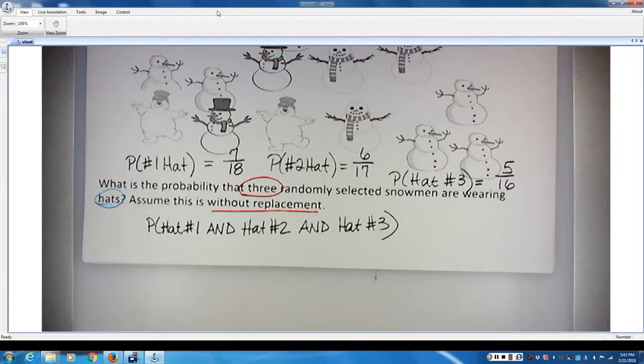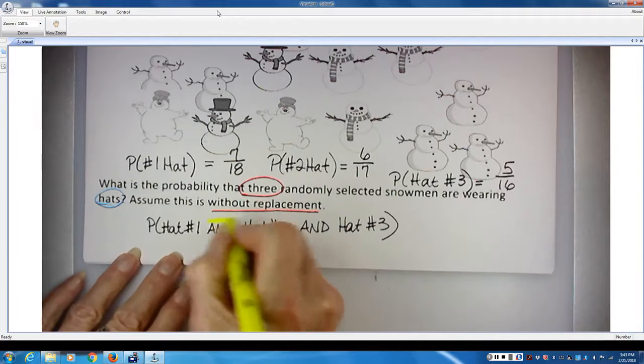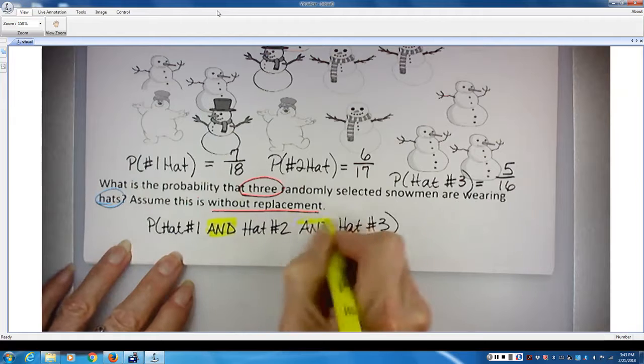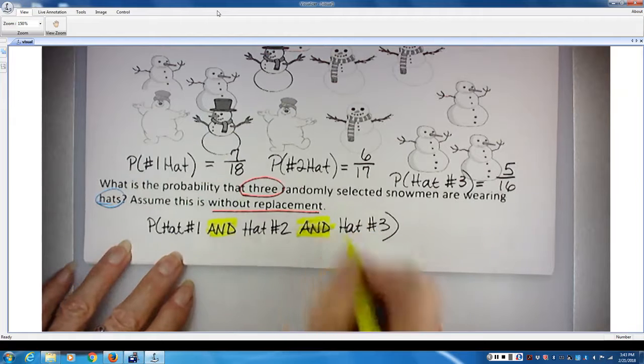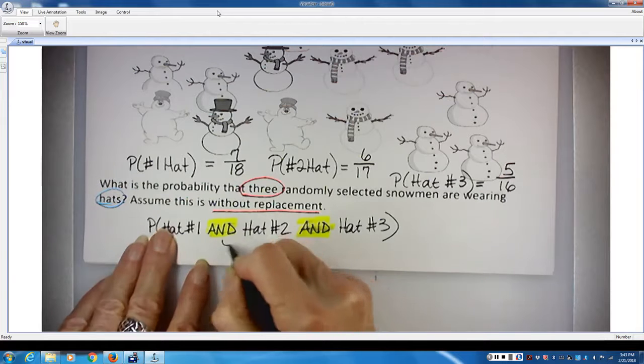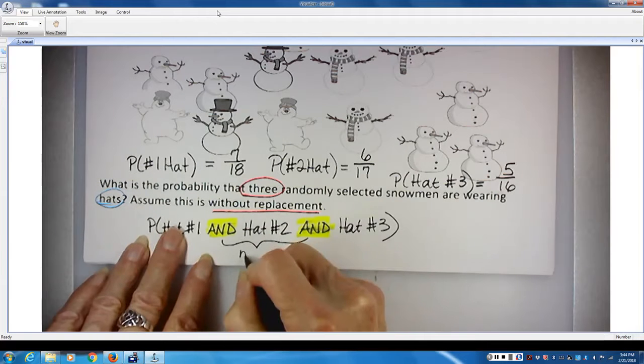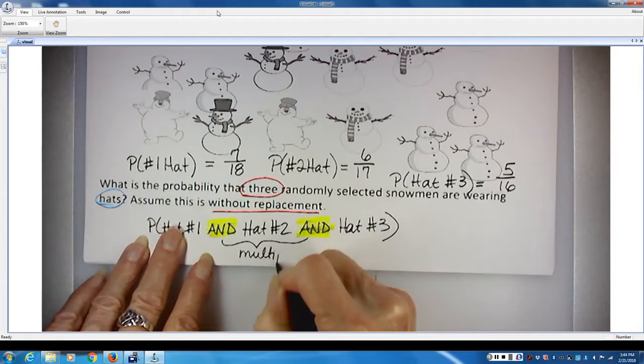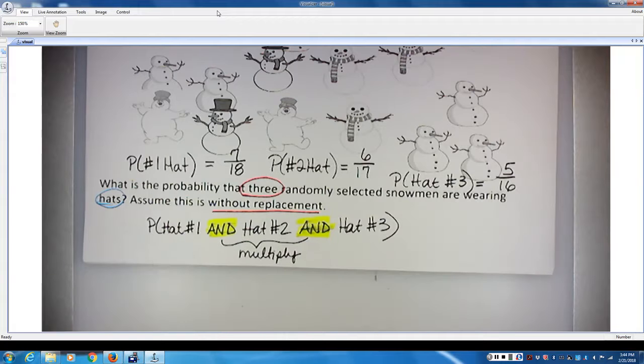That word "and" is a very important word, because the word "and" tells you what arithmetic operation you need to do to get the probability. You need to multiply. If I had said "or," you could add.